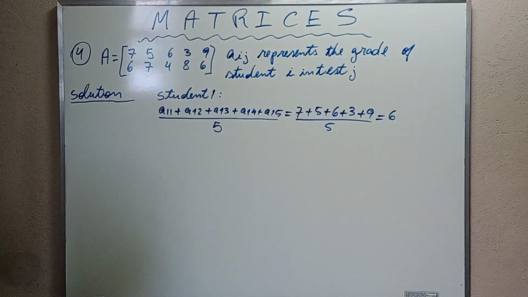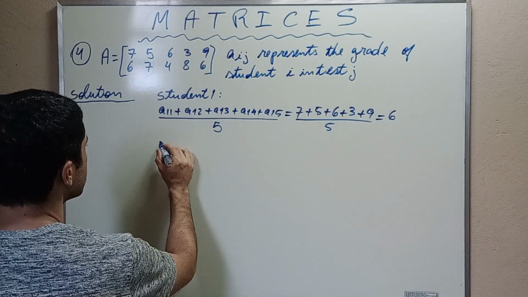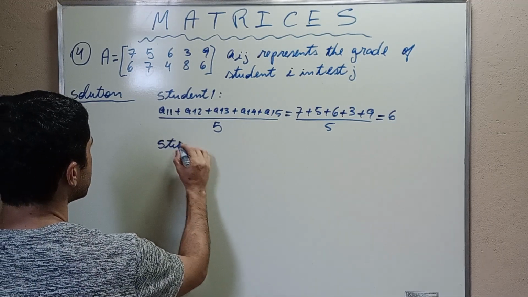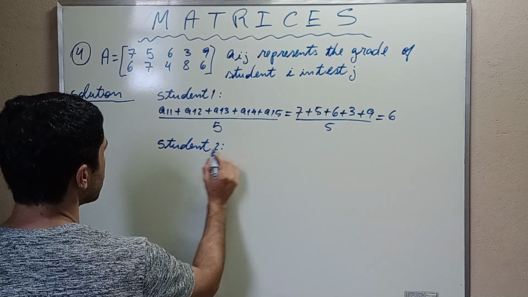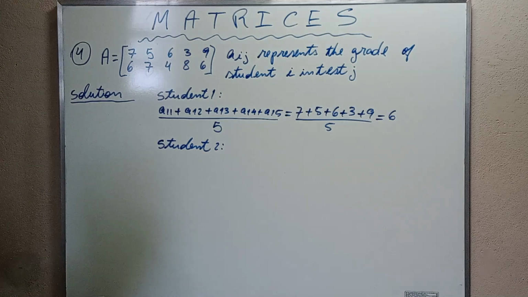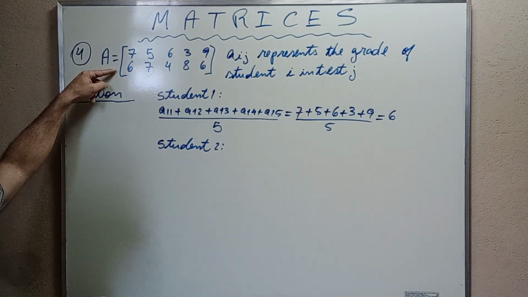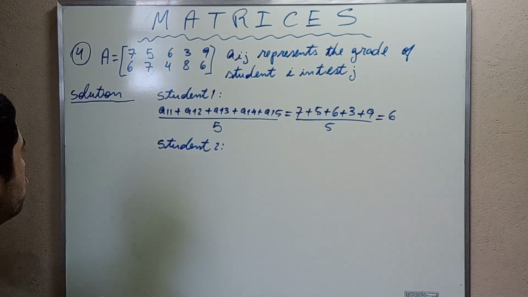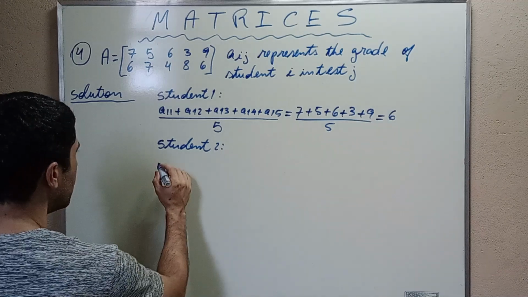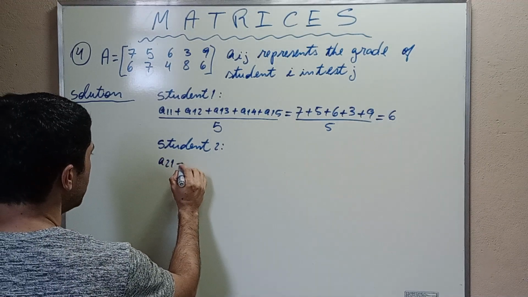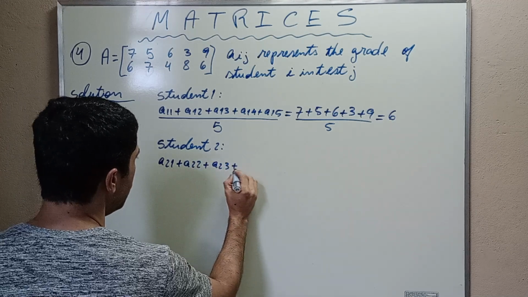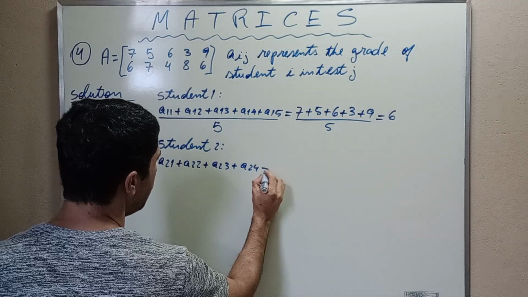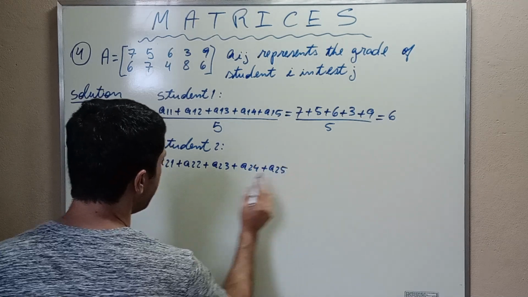Similarly, we proceed for student 2. We sum the entries of the second row: A21 plus A22 plus A23 plus A24 plus A25.